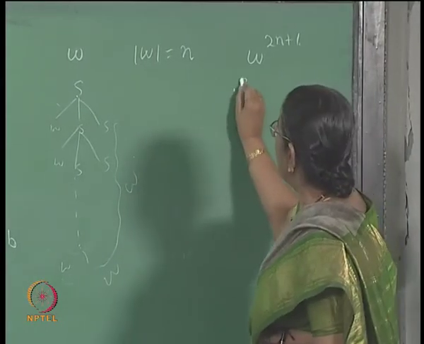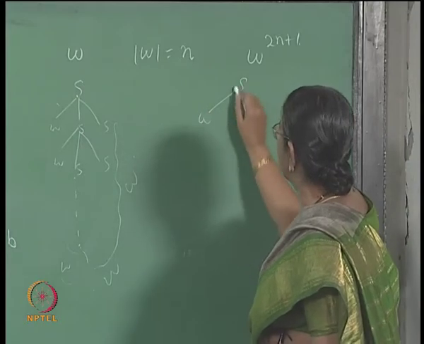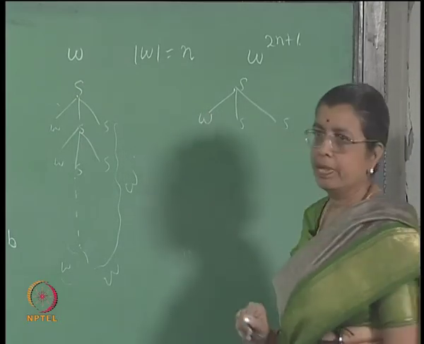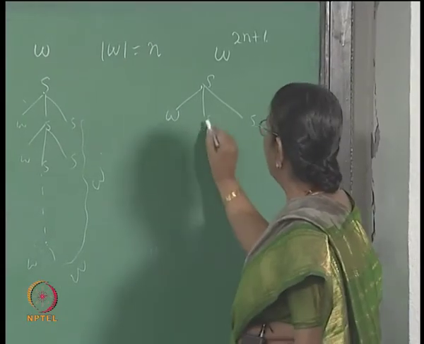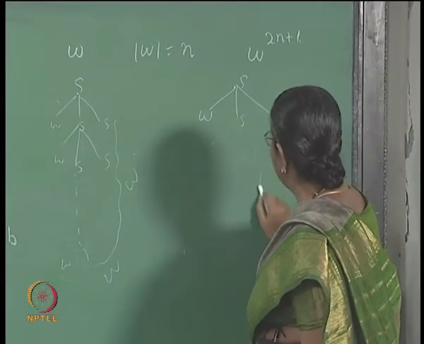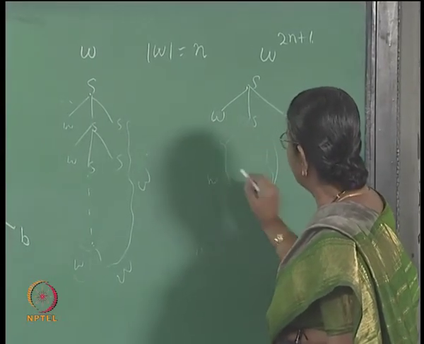In another manner, from S goes to WSS, you can generate again from this n symbols and n minus 1 W's.